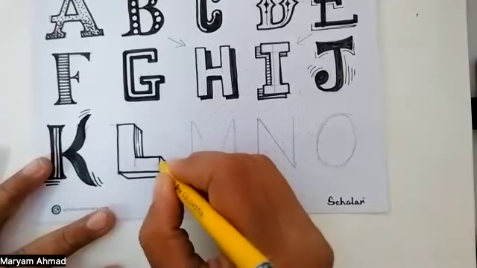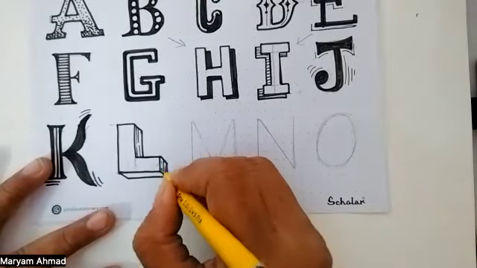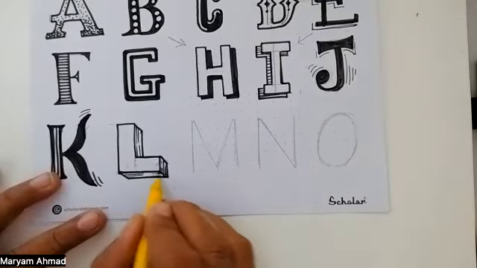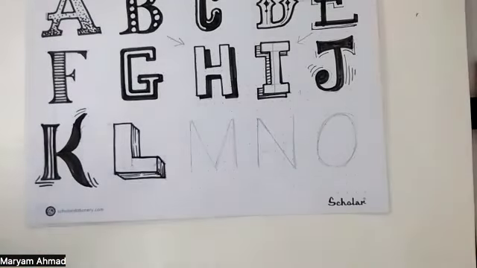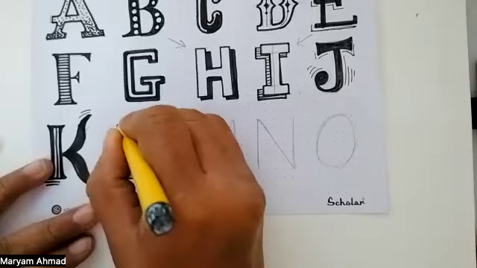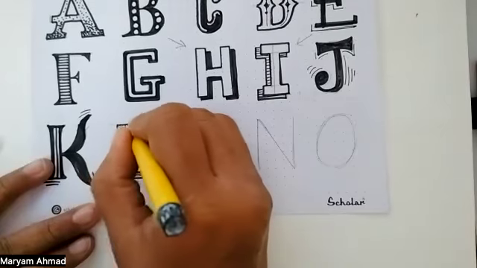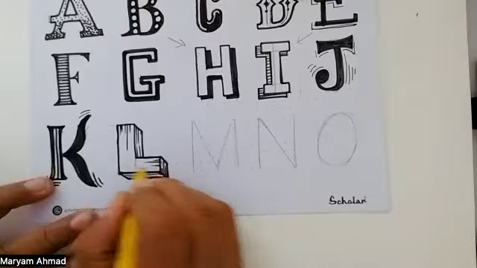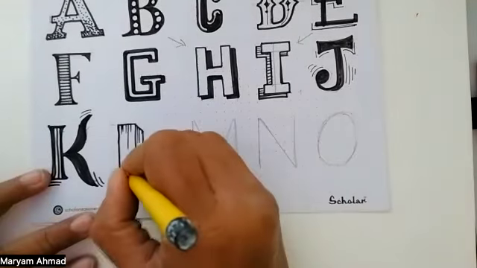Some broken lines. Like this. Right? So you've got this. And draw some broken lines here.